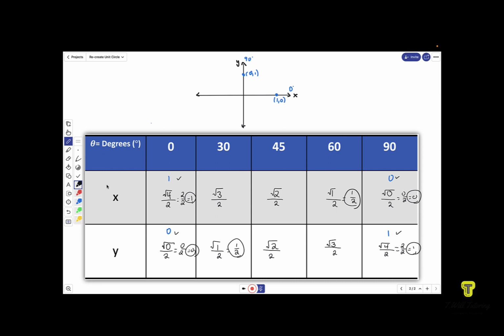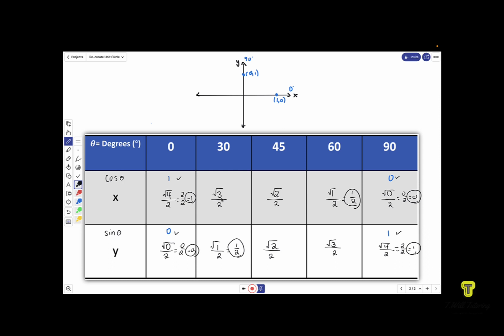Now remember, x is going to relate to cosine of theta, and y is going to relate to sine of theta. So what this is telling me is that cosine at 0 degrees is going to equal 1. Cosine of 30 degrees will equal root 3 over 2, and so on and so forth.